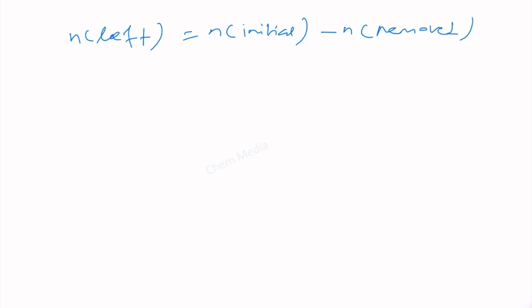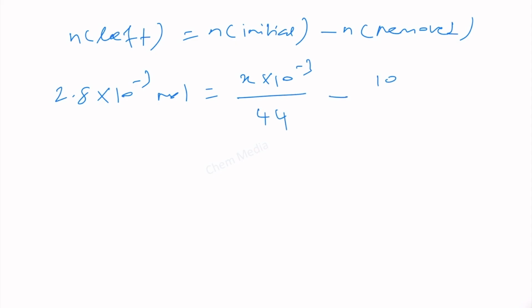Now number of moles left is equal to number of moles that are initially available minus number of moles that are removed, and therefore number of moles left is 2.8 times 10 to the power minus 3 mole. Initially available is X times 10 to the power minus 3 divided by 44, minus number of moles removed, which is 10 divided by 6.02 times 10 to the power minus 3.